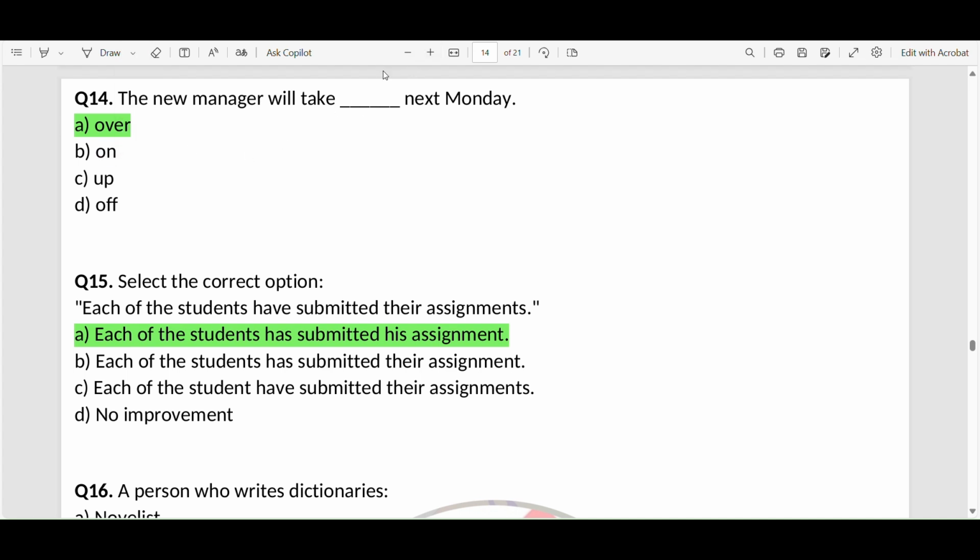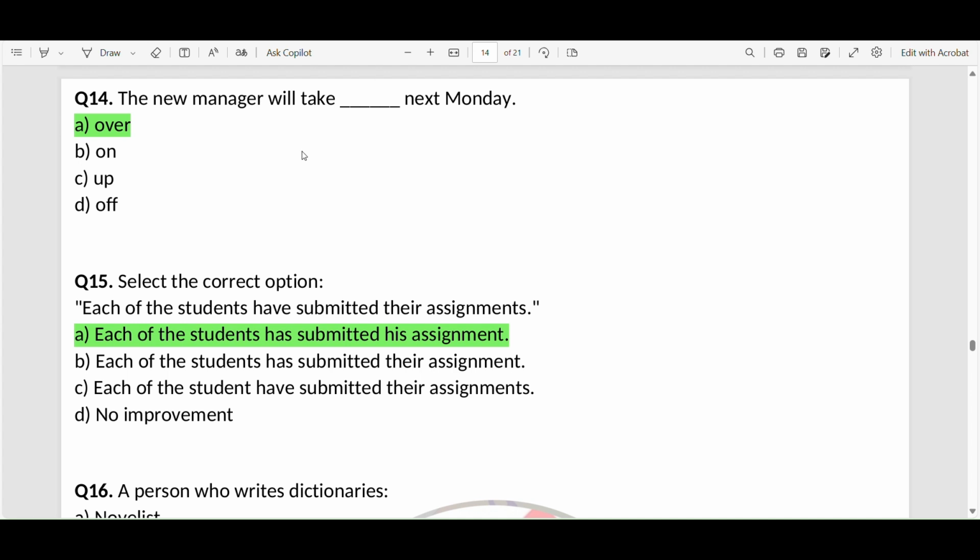And next we have take up. Take up means we are taking something, like we are doing some extra work, like some hobby or our leisure time, taking up our leisure time for some badminton or reading books, like that. It would be of hobbies. And next we have take off.